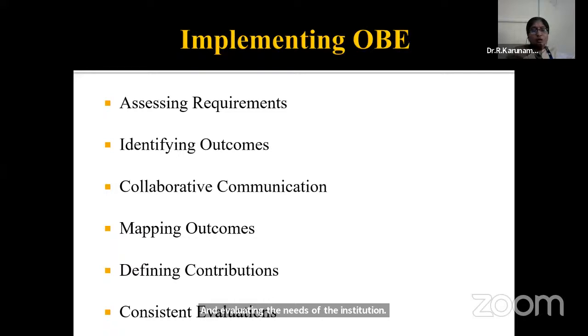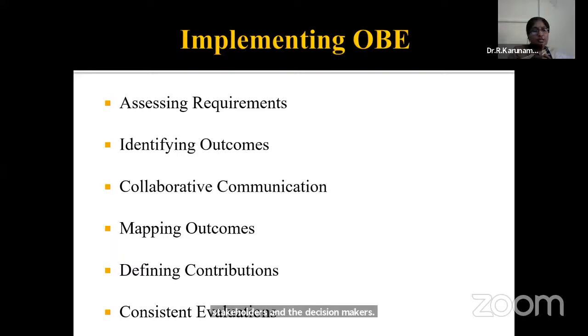Outcomes are also defined by identifying the skills and goals, what we want our students to acquire and achieve. The successful implementation of OBE is based on the communication, collaborative communication between the stakeholders and the decision makers.